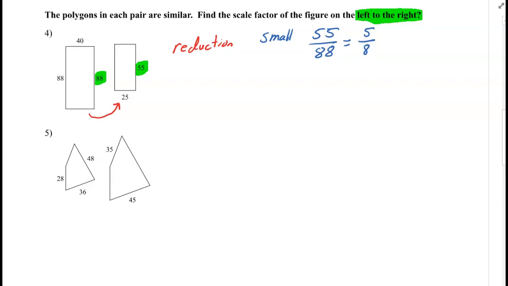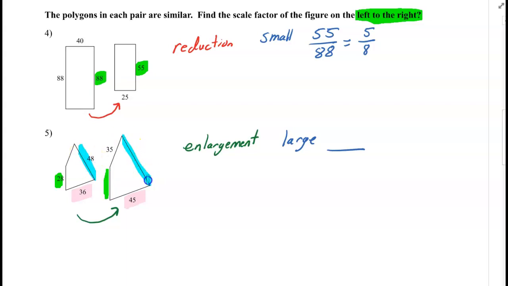You could have other calculators using the fraction button. In problem number 5, we can see that this is an enlargement. So when we write the fraction, we want to put the large number in the numerator. And we need to find the corresponding sides. So the 36 goes with the 45. I don't know what the 28 goes with. The 28 here in green goes with this green side. It's missing.